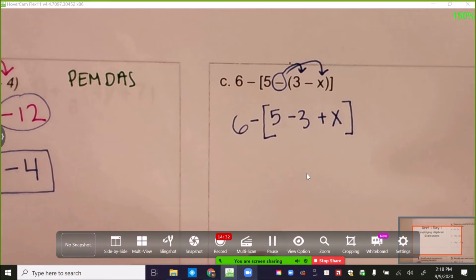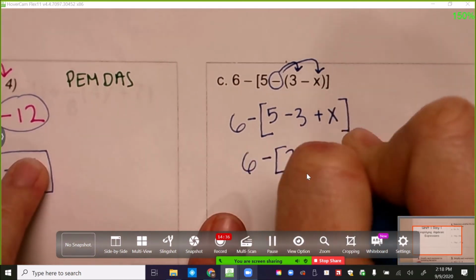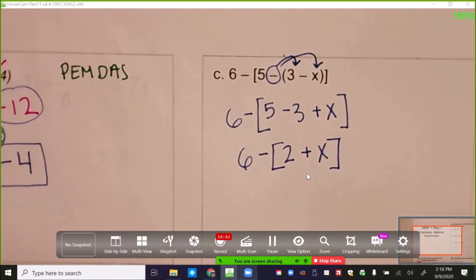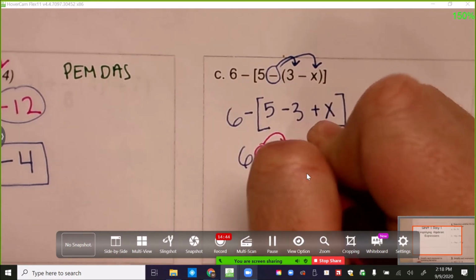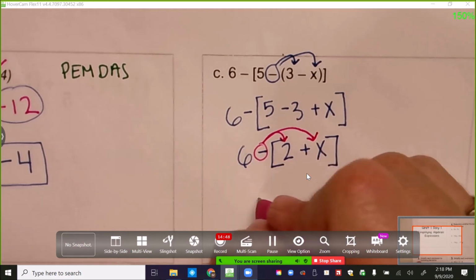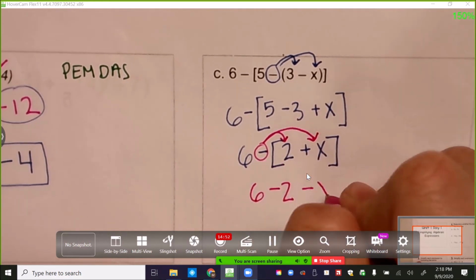The 5 and 3. So what's 5 minus 3? And what are we going to do now? Distribute the negative. So 6 minus 2 minus x.